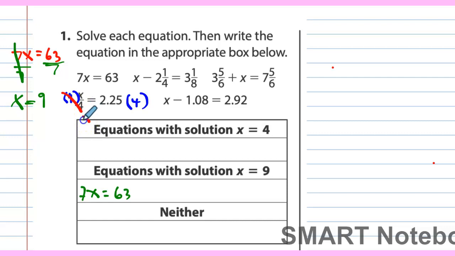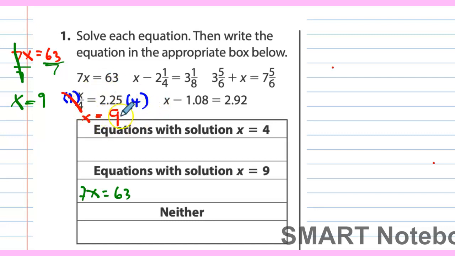So therefore x equals what? It is 2.25 times 4. Well, you could do mental math. 2 times 4 is 8, and then we have .25, a quarter times 4, that's 1. So 8 plus 1 equals 9.